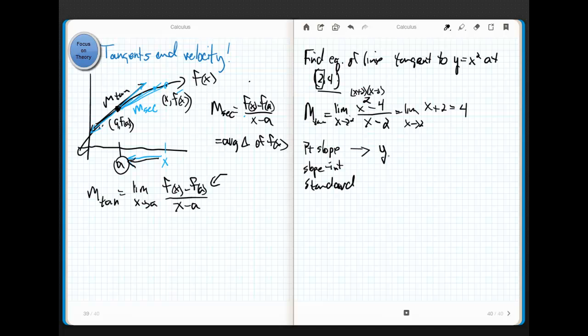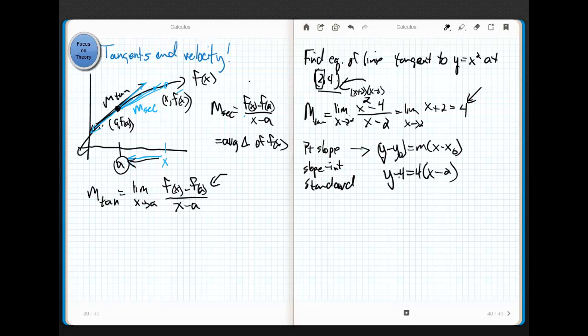Remember this one? y minus y naught equals m times x minus x naught. It comes directly from the equation for slope. If I divide both sides by x minus x naught, then I'd have y minus y naught over x minus x naught, affectionately known as slope. So I have a point, hallelujah, and I have a slope, even better. The equation of my tangent line is y minus 4 equals 4 times x minus 2.